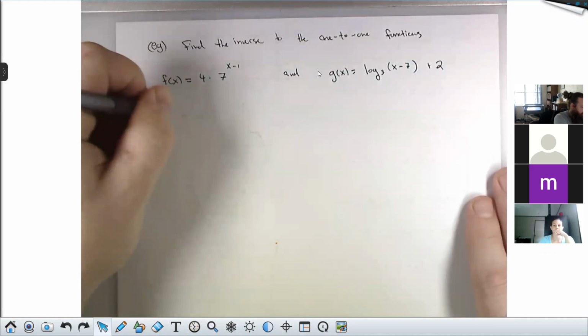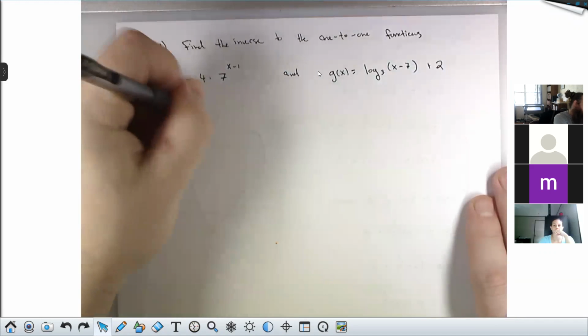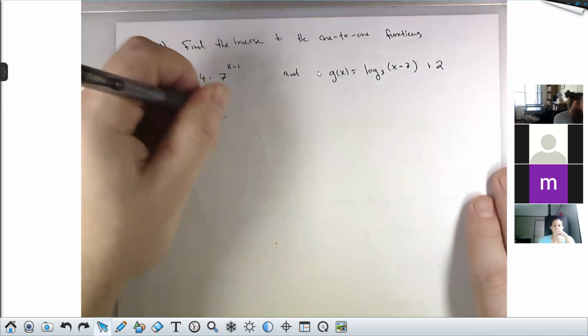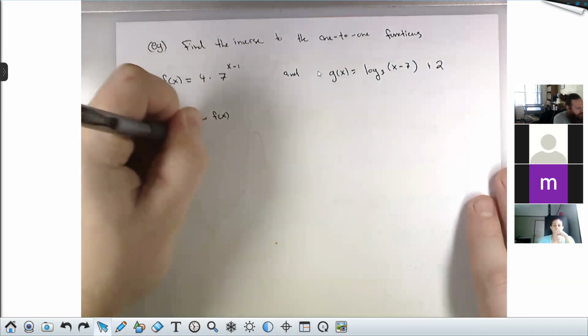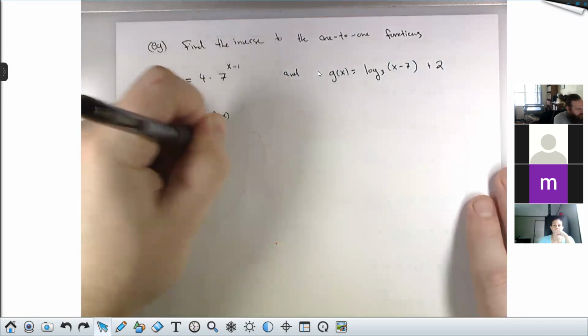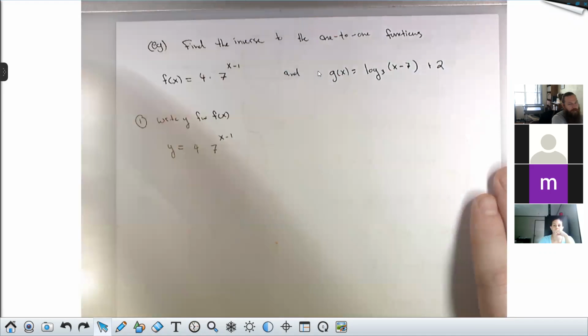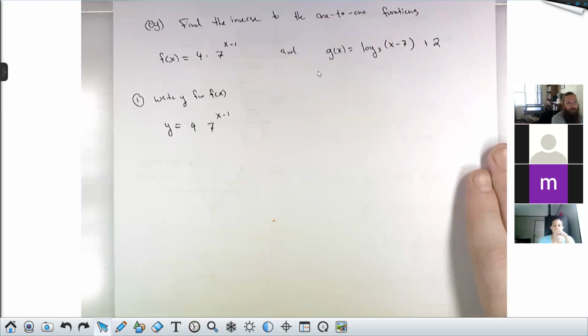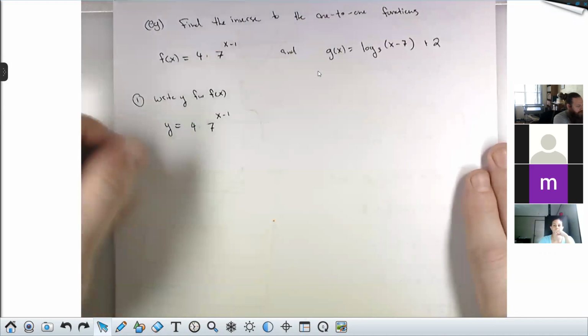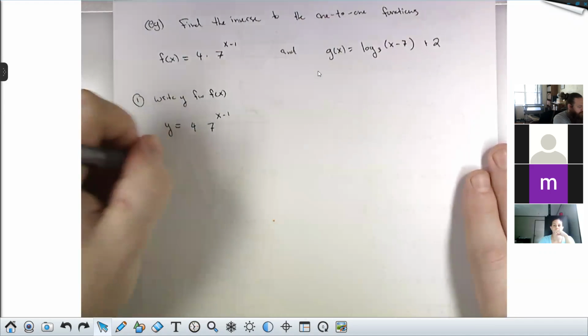First we write y for f of x. So this is going to say y equals 4 times 7 to the x minus 1. And then we solve for x.